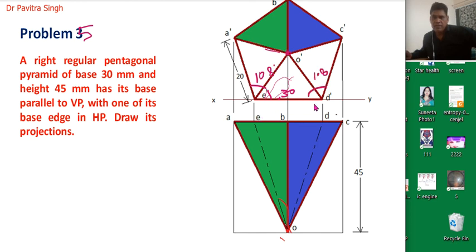Then we will construct this pentagonal surface or lamina. Okay, so we have drawn one pentagon of side 30 mm and this is the center point. Then we will connect this point to this point: D dash to O dash, C dash to O dash, B dash to O dash, A dash to O dash.